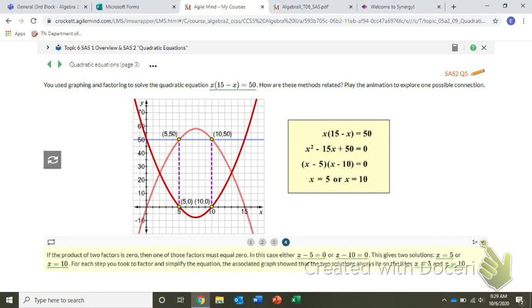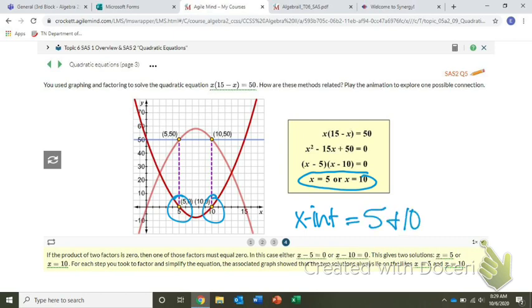They set them both equal to 0 and they solved and they got the exact same answers as us. So I want you to write on number 5, x-intercepts equal 5 and 10. So now we're up to 4 ways of how to solve.